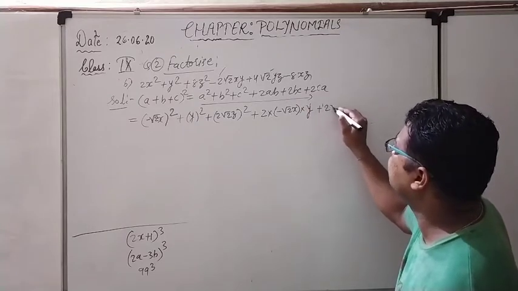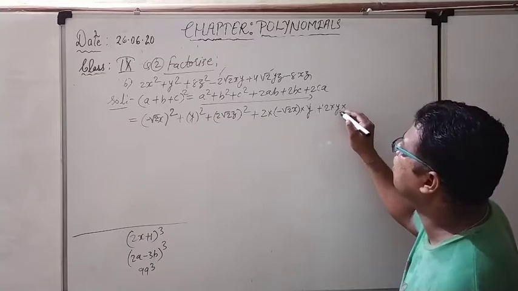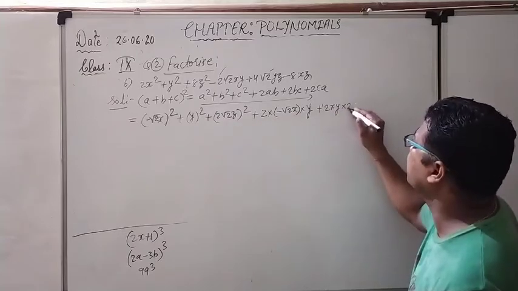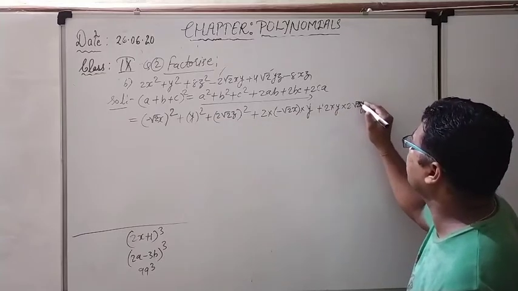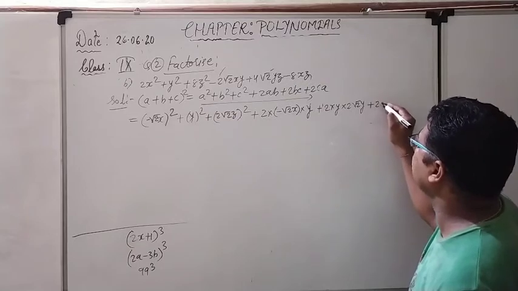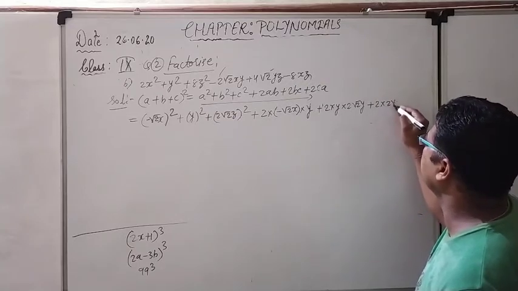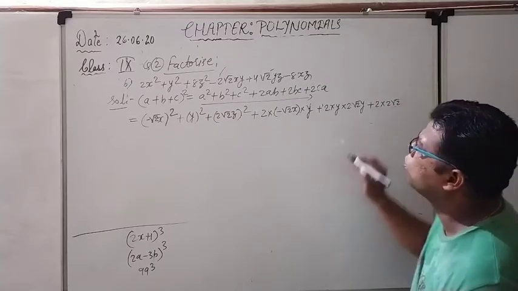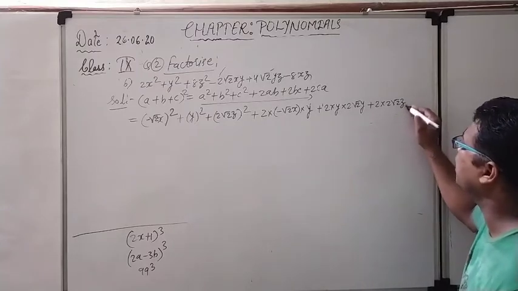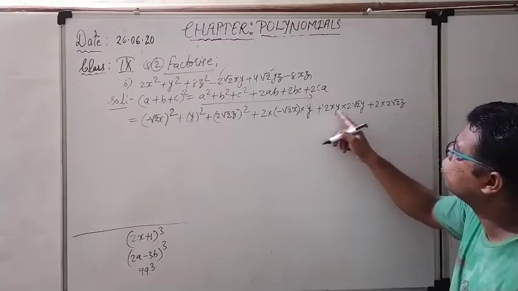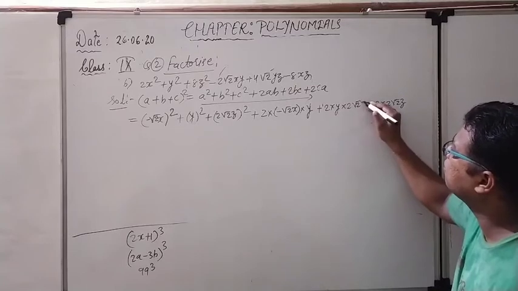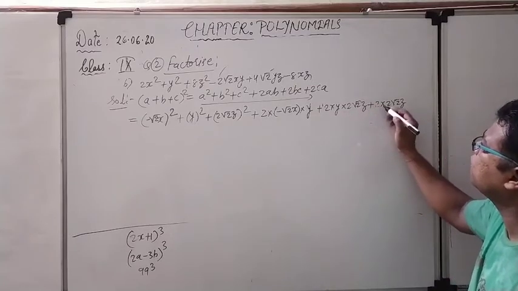Plus 2bc means 2 into y into c. What is the c here? 2 root 2 z. Plus 2ca, plus 2 into c. What is c? 2 root 2 z. That is the c here. Sorry, 2bc, so this is z here. 2bc plus 2ca.